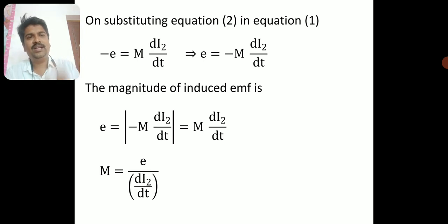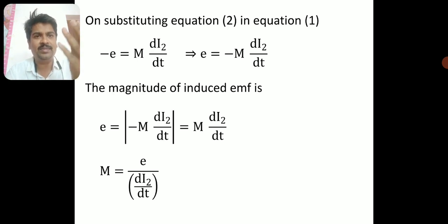If I only take the magnitude of the induced EMF, I need not bother about the direction. I need not bother about the minus sign here. So I have taken the modulus of that. The minus sign I need not mention because I am writing only the magnitude of the induced EMF. So E is equal to M dI2 by dt.